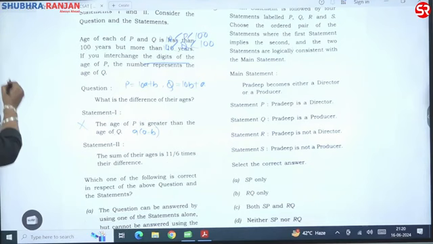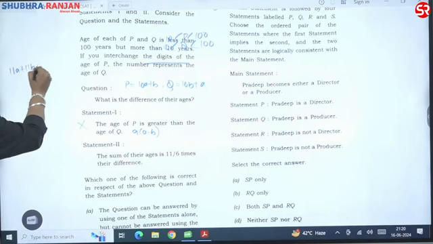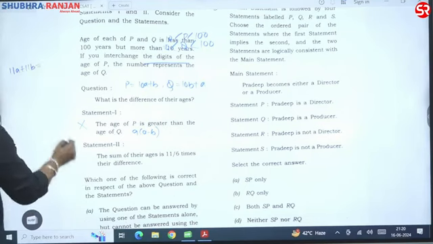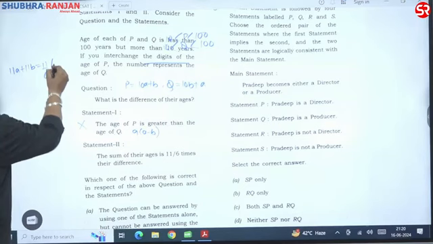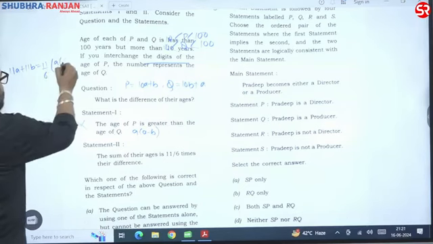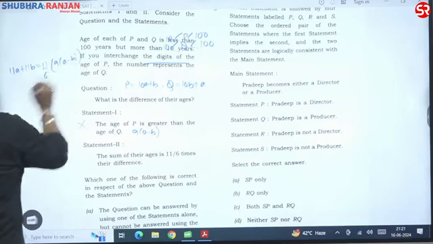So if you add, 11 times A plus 11 times B is equal to 11 by 2 times their difference. What is the difference? 9 times A minus B. Just check out.